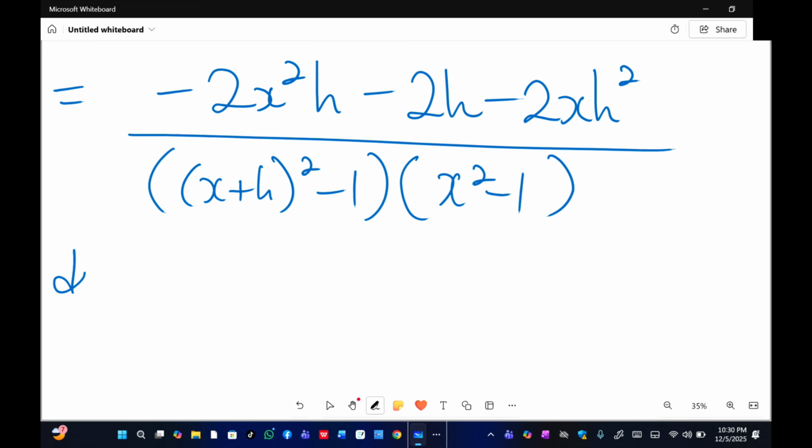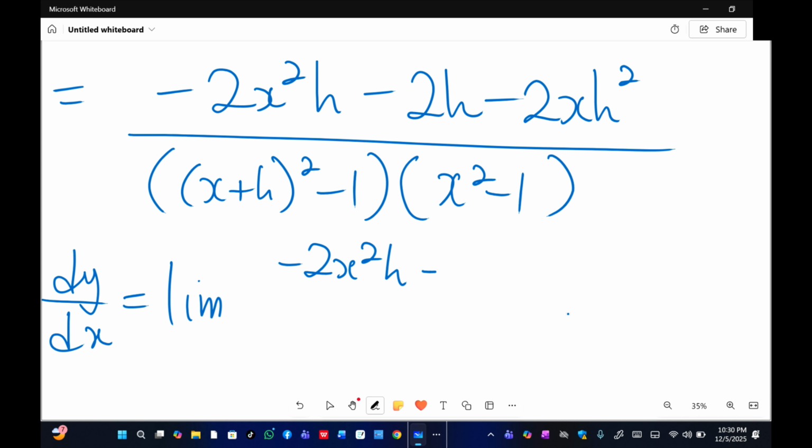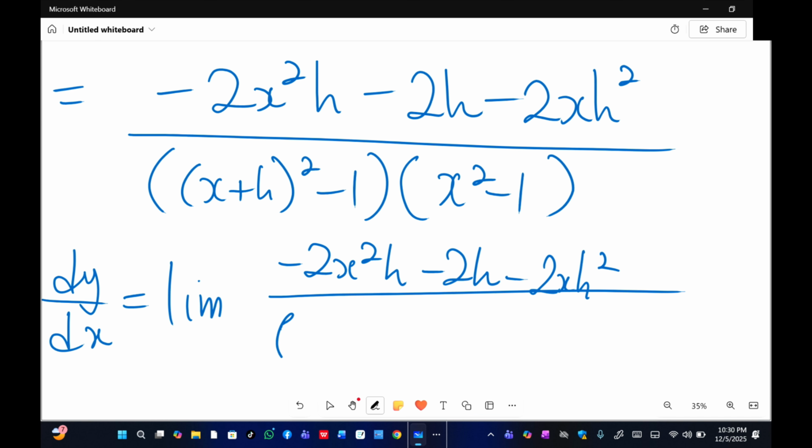So we have our dy dx is equal to the limit of negative 2x squared h minus 2h minus 2x h squared, all divided by the denominator x plus h, one bracket square minus 1, close the bracket nicely, multiply another bracket x squared minus 1.